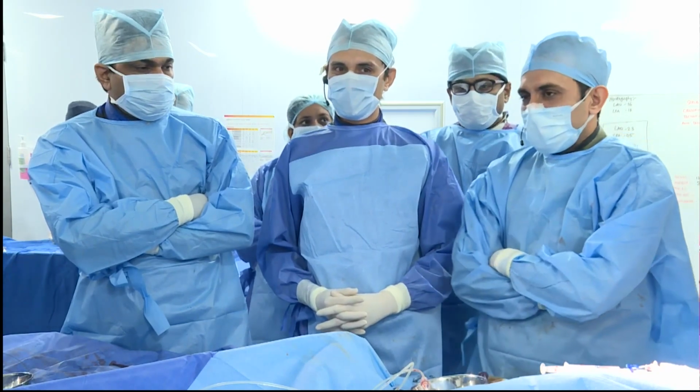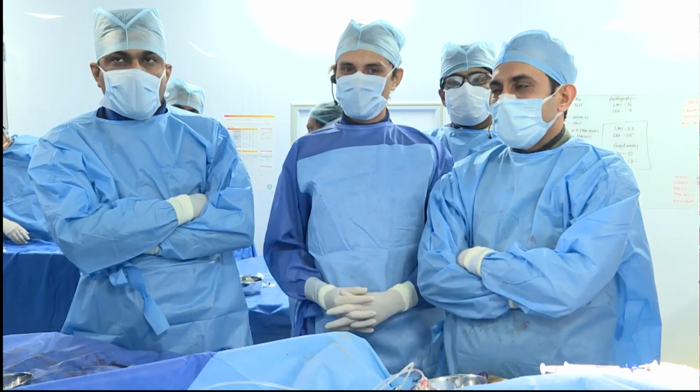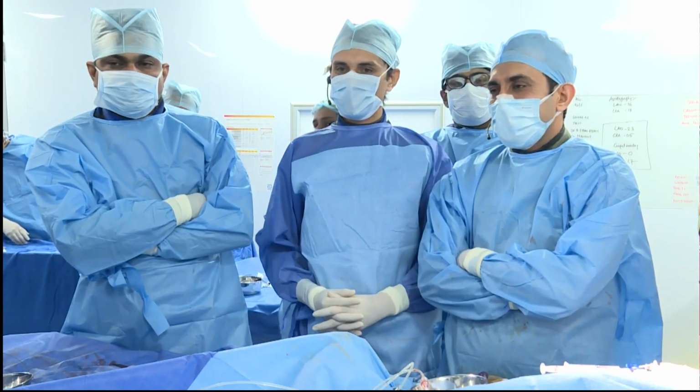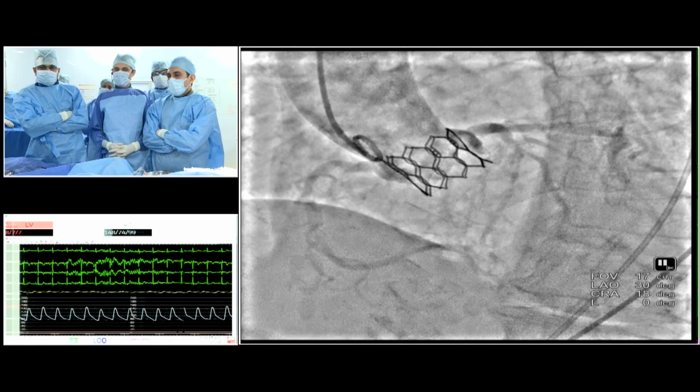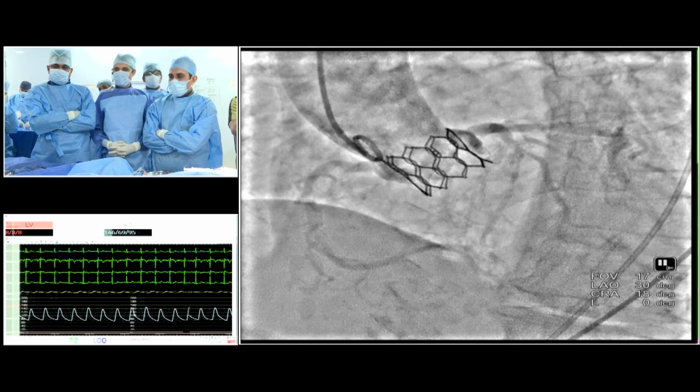Then they did a balloon valvuloplasty as a bridge, saw the improvement, and finally at the age of 93 decided to put a valve. That's the perfect clinical approach, on top of a good technology and a perfect team working together. It's a perfect example of what should be done in the field of TAVR.